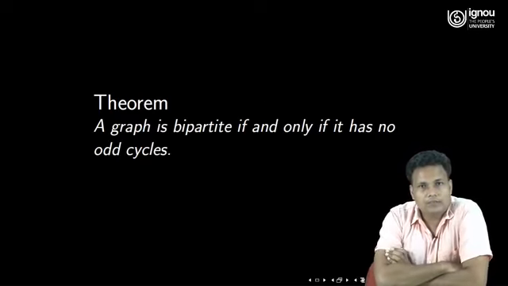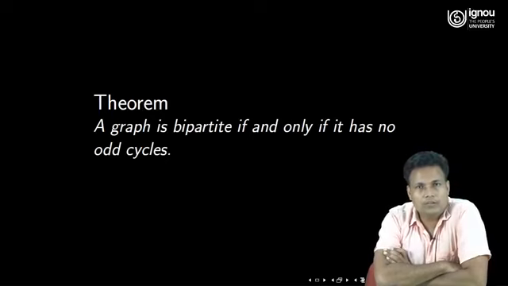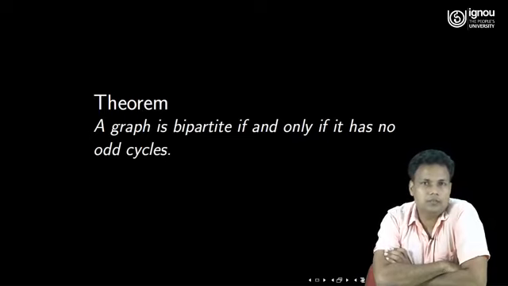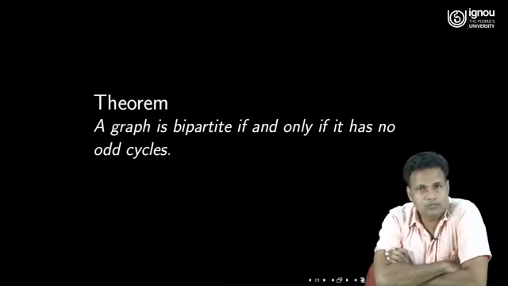It says that a graph is bipartite if and only if it has no odd cycles. So you can see that there are two statements here. The first statement is, if a graph is bipartite, then it has no odd cycles. And the second is its converse, that means if a graph has no odd cycles, then it is bipartite. So we shall prove these statements.